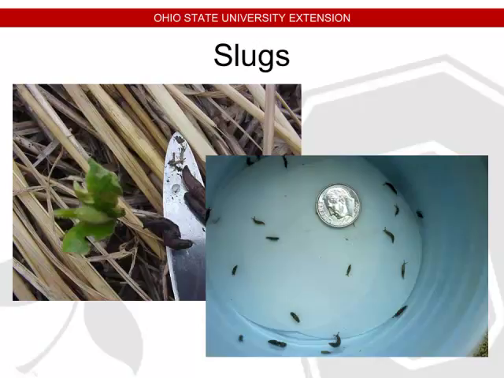However, the juveniles do not move around nearly as much as the adults do, and they can concentrate their feeding on individual plants for much longer periods of time. So it can concentrate their damage on individual plants and lead to the destruction of those plants much more easily than with the adult slug.